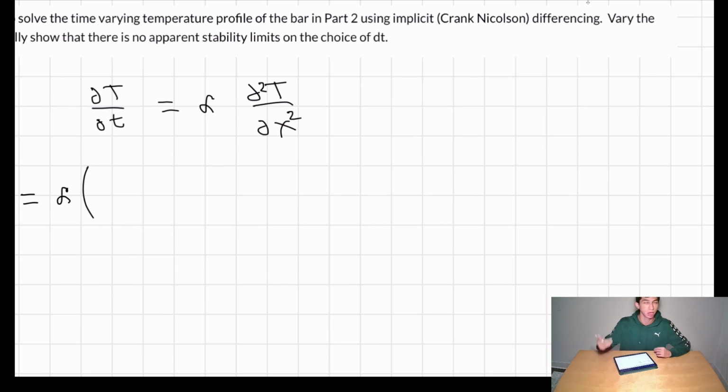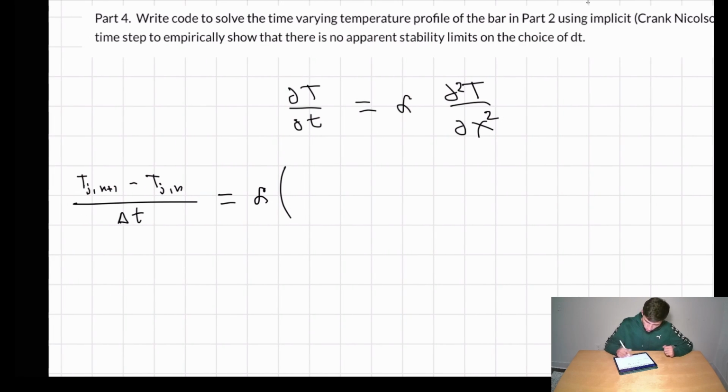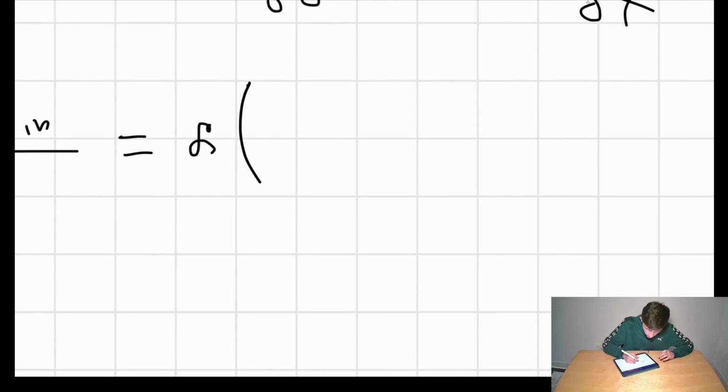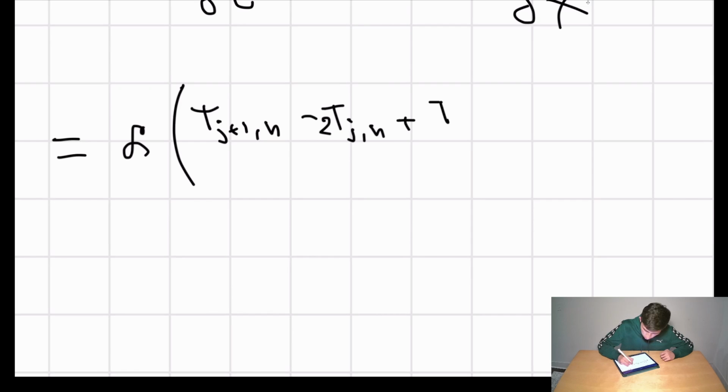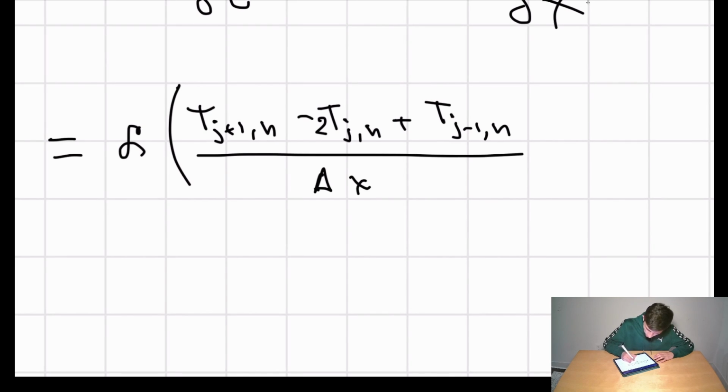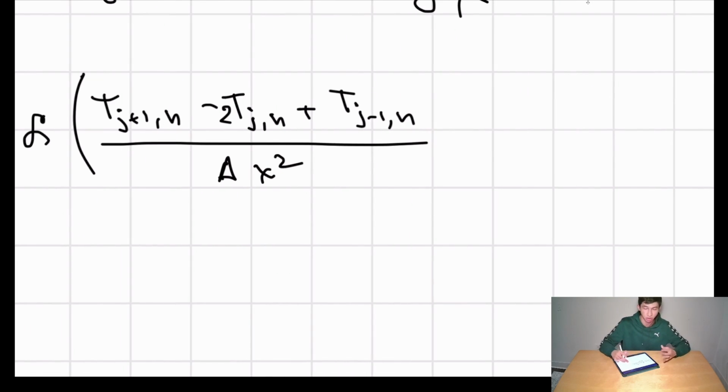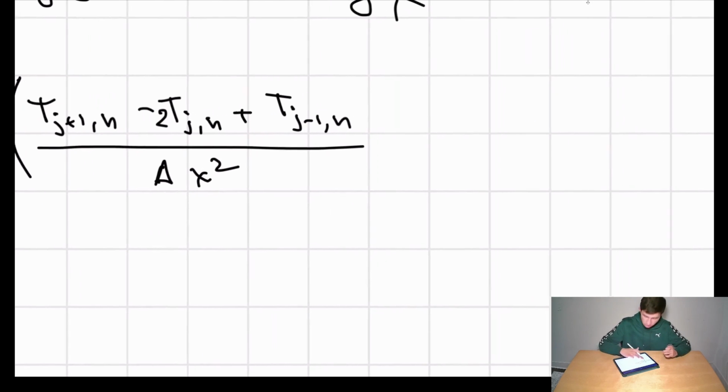But this time we're going to take the average of two different slopes. So my equation is going to be: the temperature at j plus 1 at time n, minus 2 times the temperature at j at time n, plus the temperature at j minus 1 at time n, over delta x squared. That's the second derivative at time n.